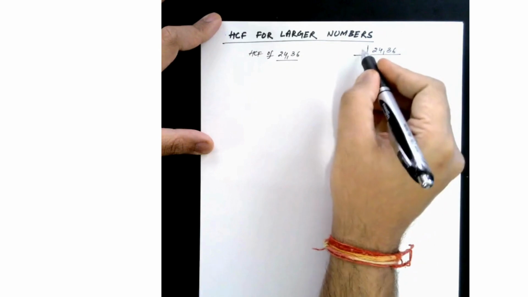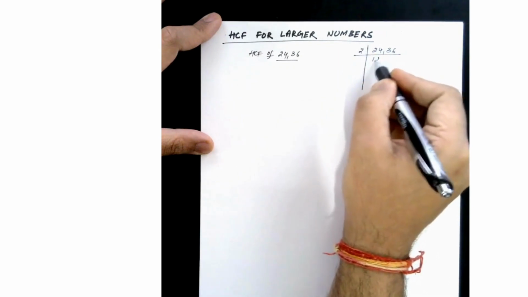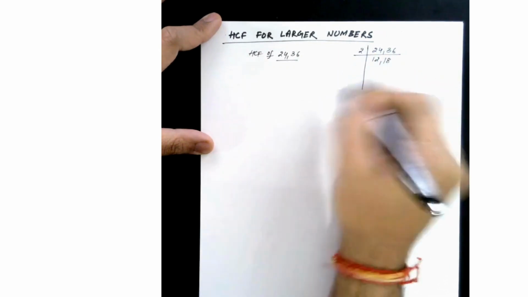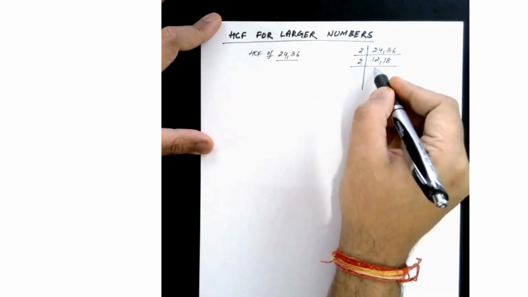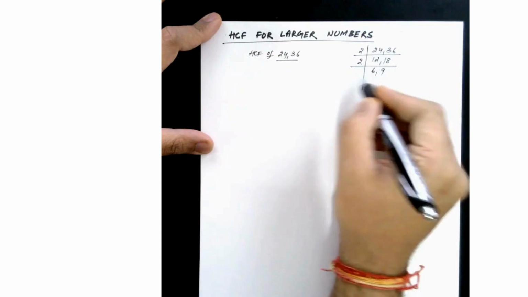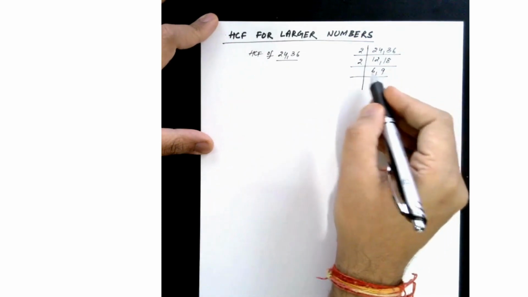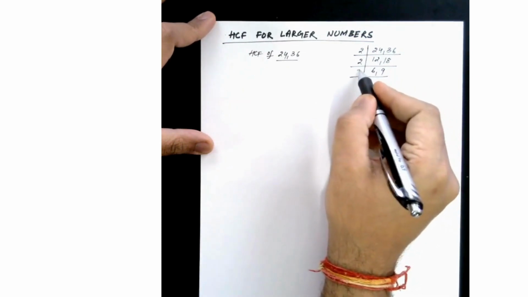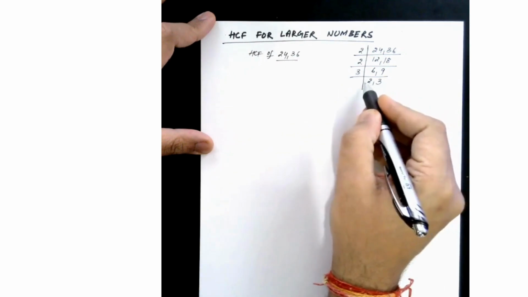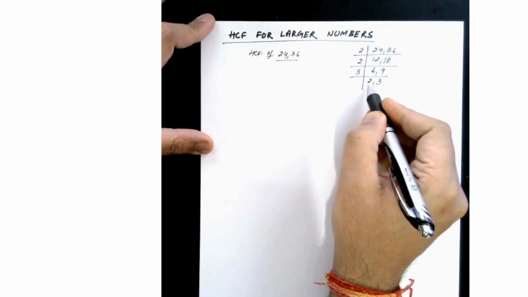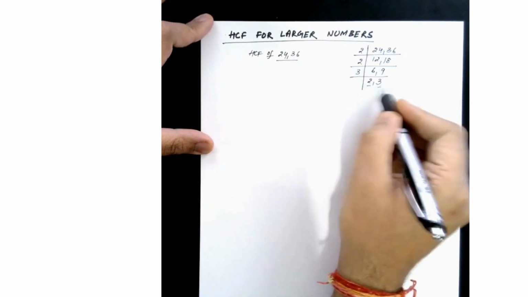So you can clearly see, first we divide by 2, and then we again divide by 2. Now we cannot divide by 2 further, but we can divide by 3. And now we cannot further divide by any common number because 2 and 3 are themselves prime numbers.